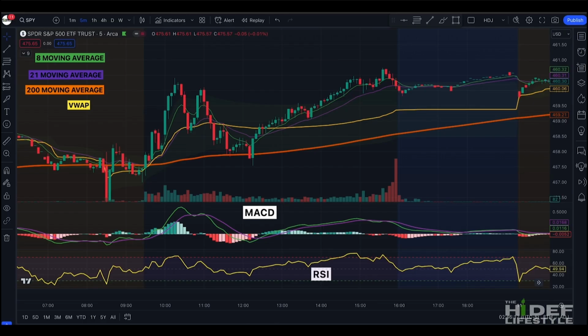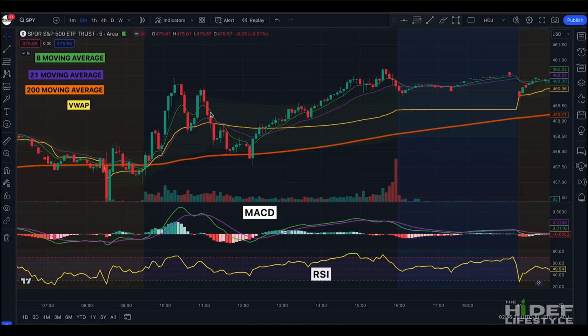Now the MACD is very helpful, and what that is, is the moving average convergence divergence indicator. All right, so now take a look at the MACD and take a look at the 8 and the 21 moving average. Do you see a relation?